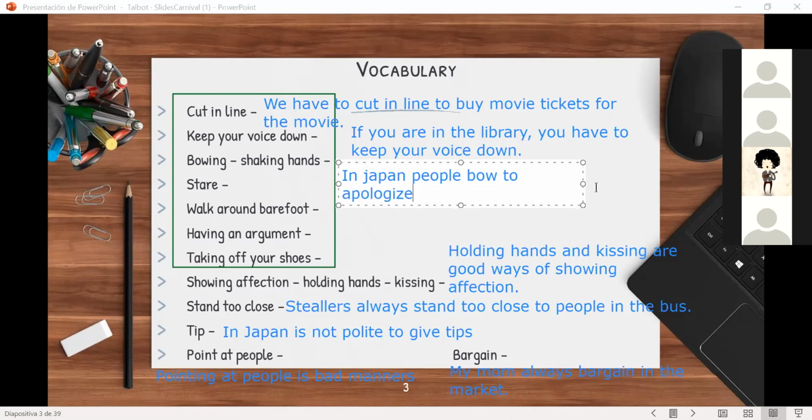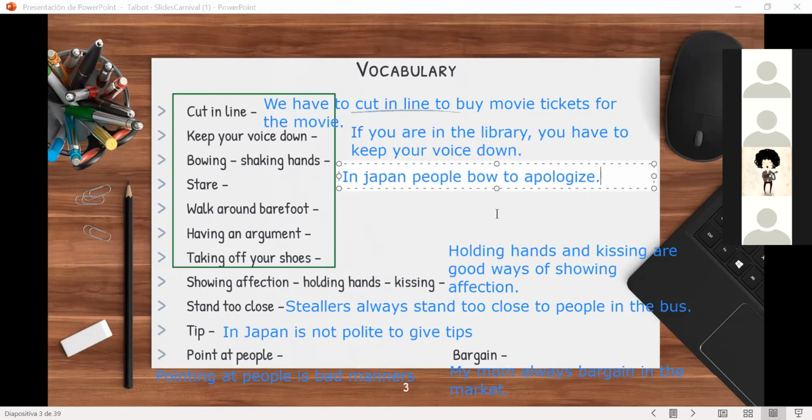En este caso estamos utilizando bow, que también es parte de bowing, del verbo bowing. Sí, está bien el contexto de Eric. In Japan, people bow to apologize. Sí, ¿por qué no ocupamos persons?